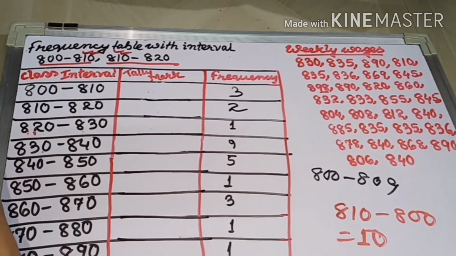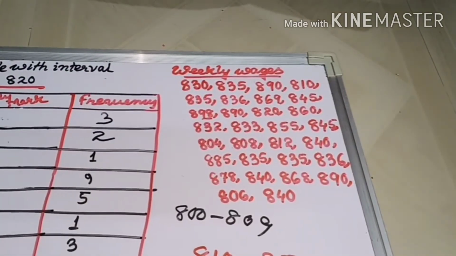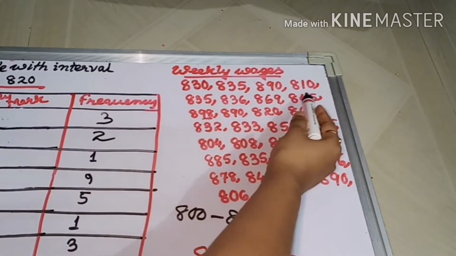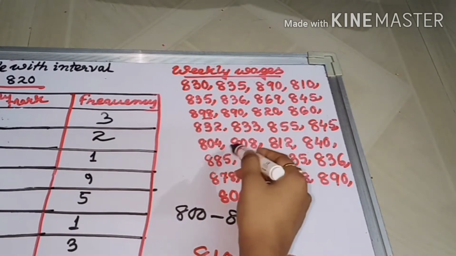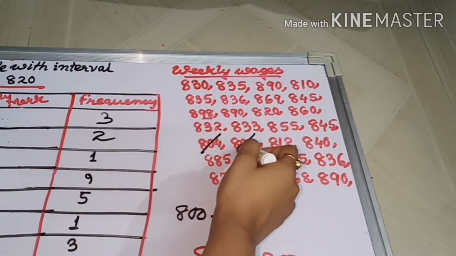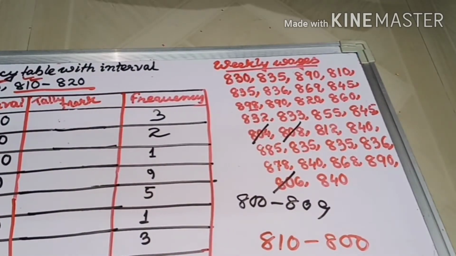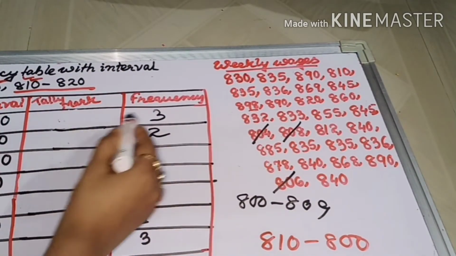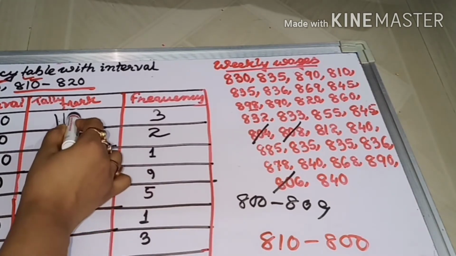So now we have to count. The first is 804, 1; 808, 2; 806, right? So here how many numbers are there below 810? It will be 3. So 1, 2 and 3.